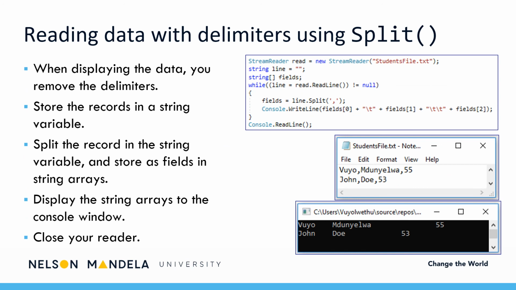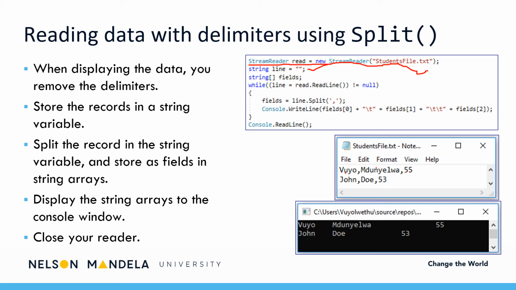So if we move on to this, the first thing that you need to do is to declare your StreamReader and then specify which file you want to read from. And then there you're going to have your line that you always had. And then now you want to store these fields, your name, your surname, and your mark, in an array.